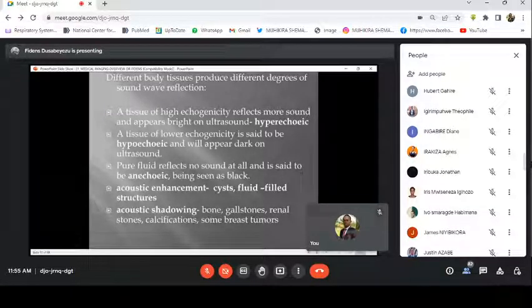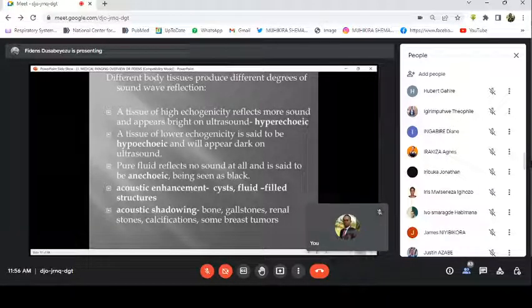For example, I'm examining the abdomen. When I'm scanning the abdomen, my sound waves will go into the abdomen and they will meet different organs. And different organs will bring back those sound waves to my probe at different degrees.